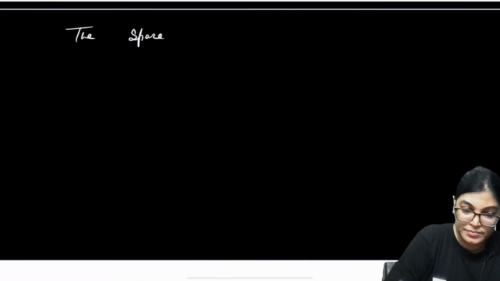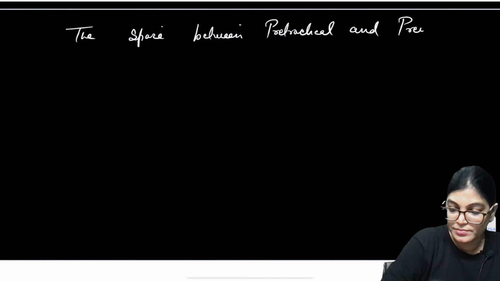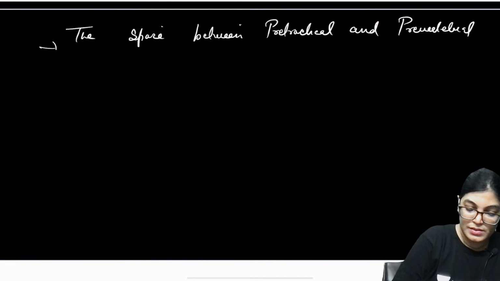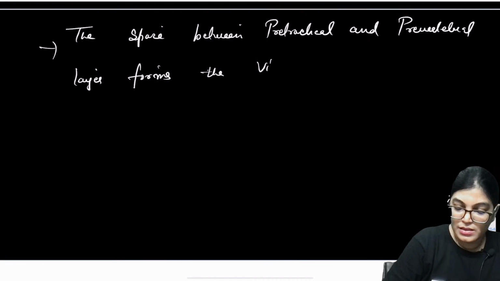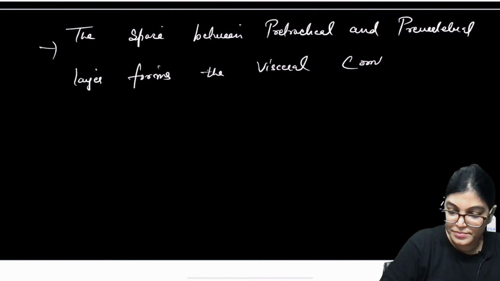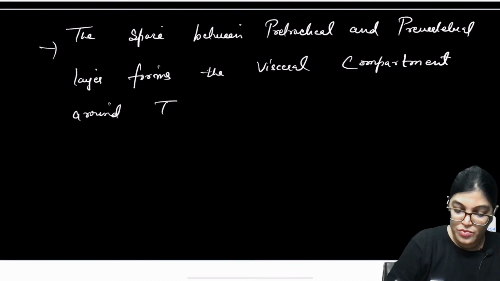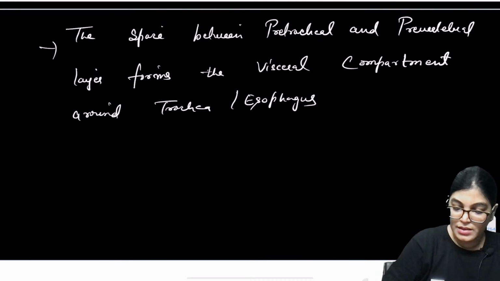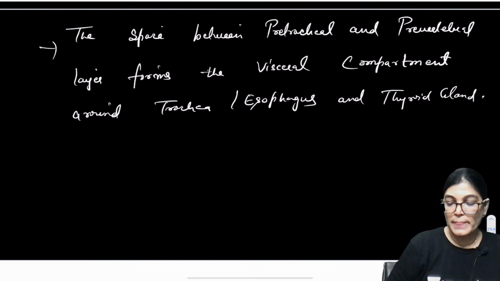So write down: the space lying between the pre-tracheal and pre-vertebral layer forms the visceral compartment around the trachea, esophagus and thyroid gland. Got it?